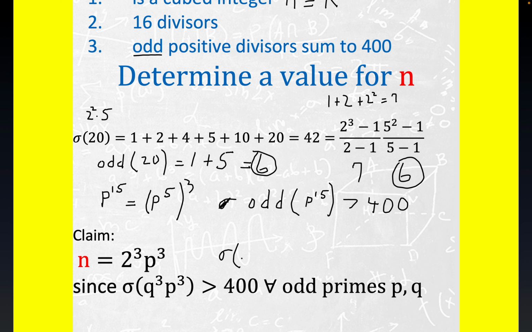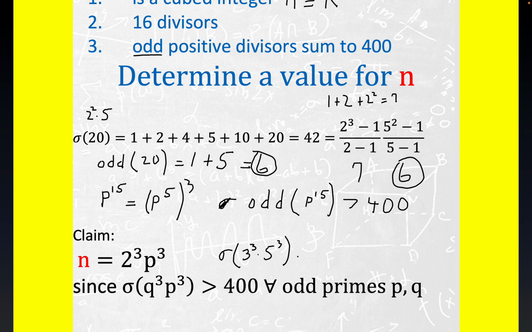Sigma of 3 cubed. We don't have to use the odd thing here because they're all odd anyway. But what we have here, 5. Let's do 5. I'm doing the 2 smallest odd primes.